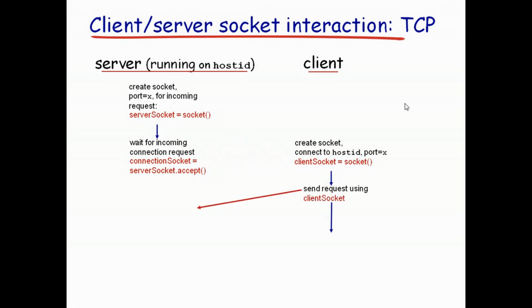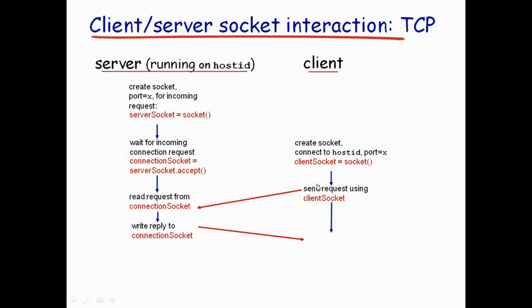Next, send a request using the client socket. Here the TCP connection has been set up, so we have a pipe connected between server and client. Then we send the request using the client socket. From the server side, it reads the request from the connection socket, then writes to the connection socket.